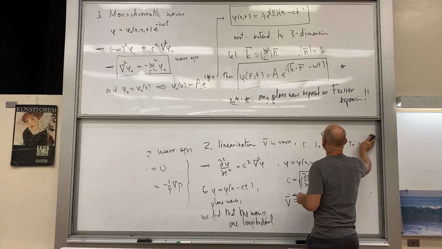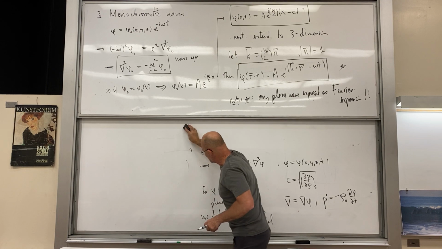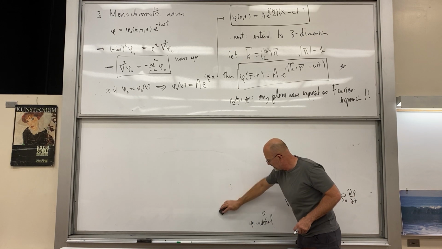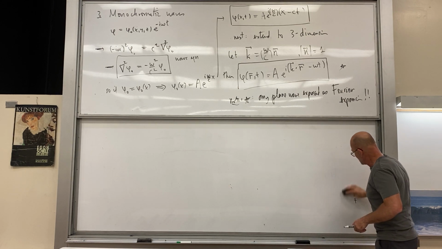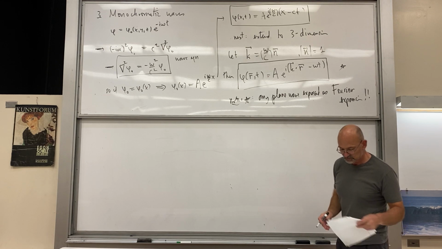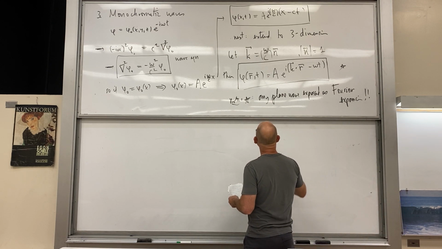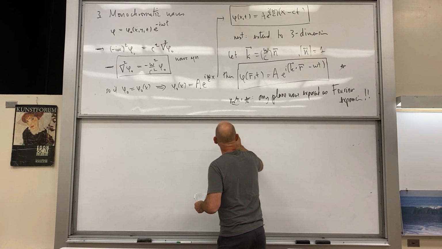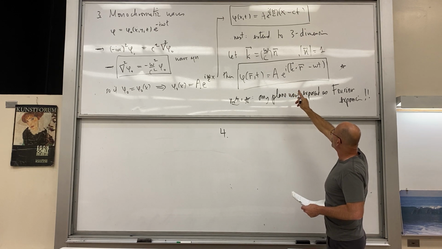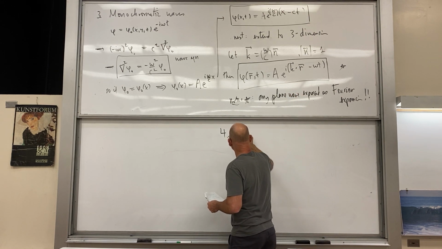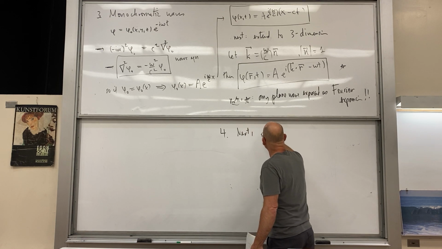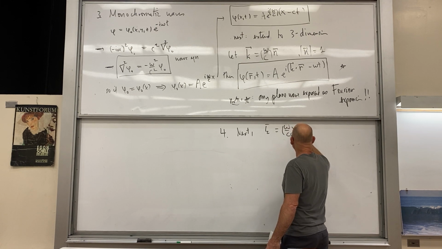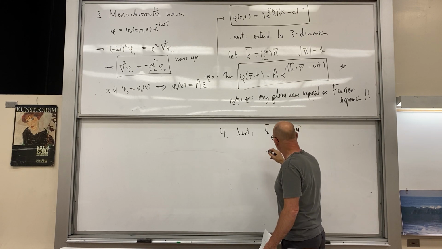So we also want to get a couple of relations now with the sound speed and the wave vector. So continuing here, good time to do another number. So continuing with this, let's just square this equation. So next, take k equals omega over c n, and we square it.